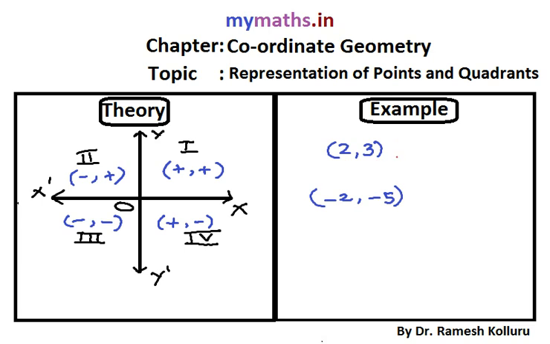So this point is in the first quadrant, because both the coordinates are positive. And when we take the example of (-2, -5), we observe that both are negative. When both are negatives, that is the third quadrant. So this point will be in the third quadrant.